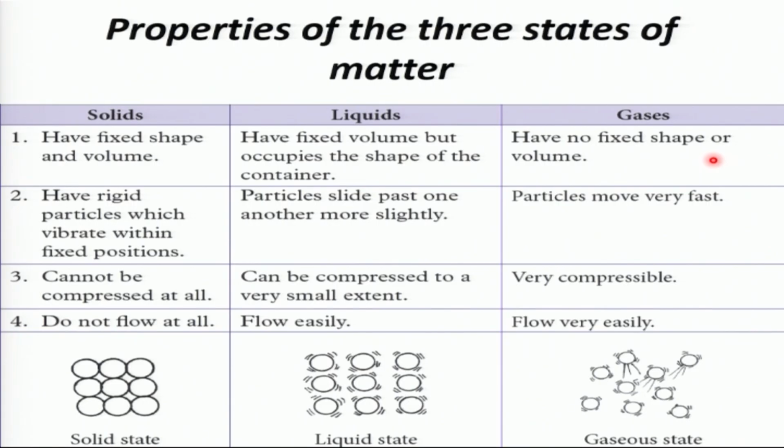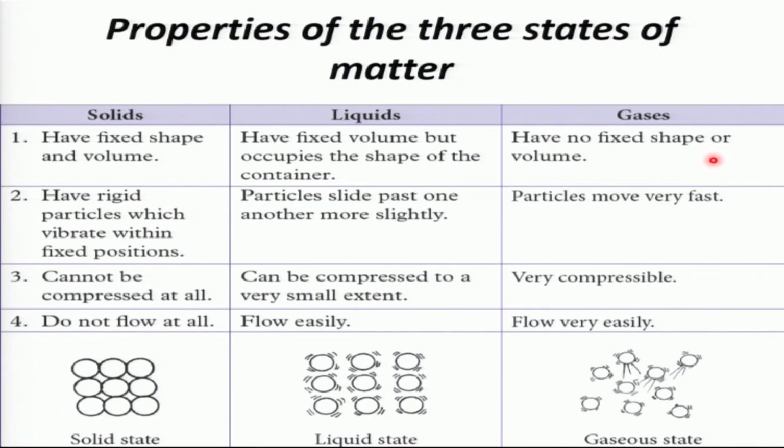So for volume and shape, it's only the solids that have fixed shape and fixed volume. Liquids have fixed volume, but not fixed shape. The shape of the liquid is taken according to the shape of the container in which the liquid is poured, as I gave examples.